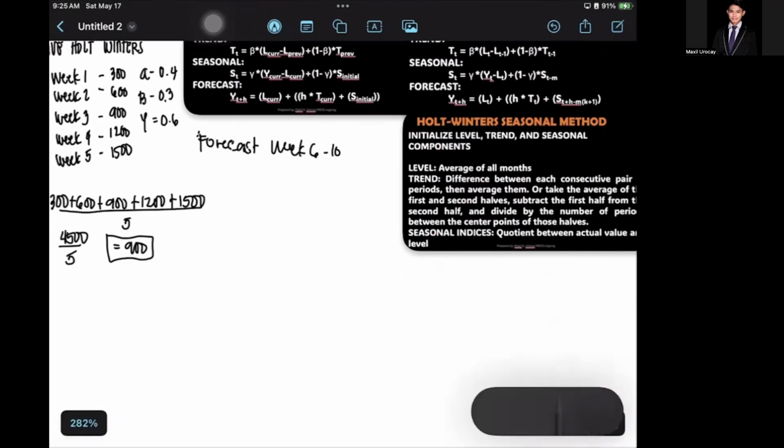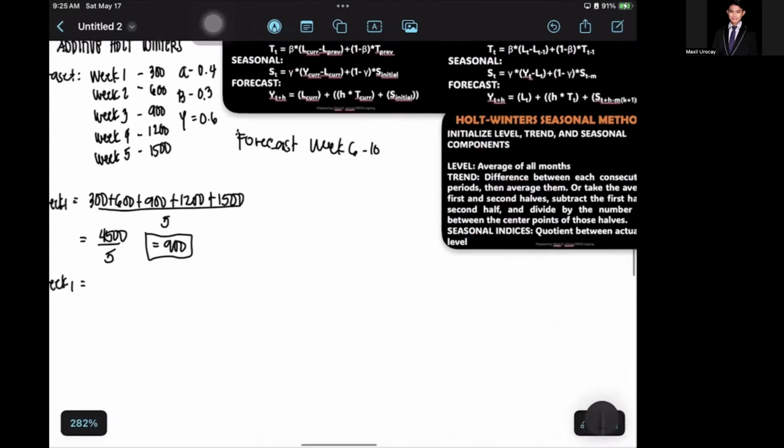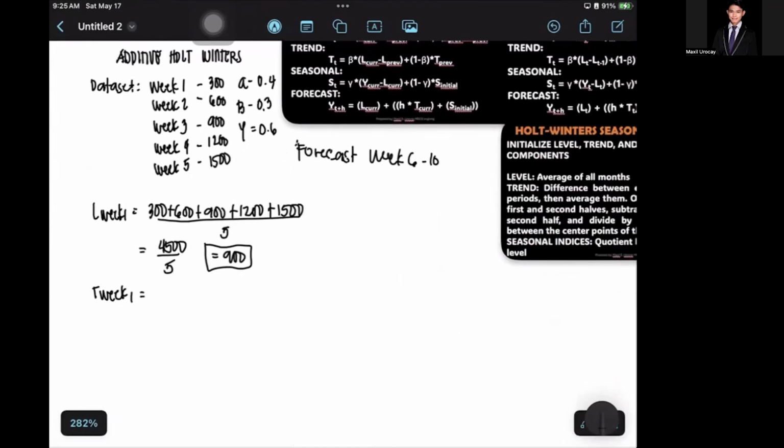So when we say difference of each consecutive, it will become here, for example, week 2 will be deducted by week 1. That's how it will work. 600 minus 300, plus 900 minus 600, plus 1,200 minus 900, plus 1,500 minus 1,200.